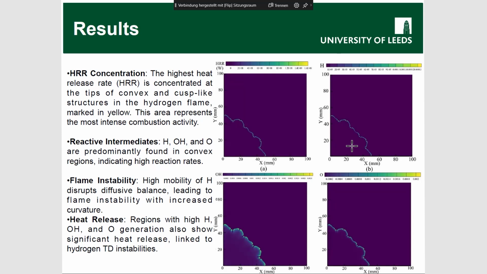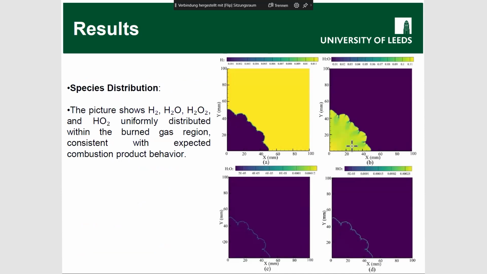So we can also conclude that the high mobility of H species disrupts the diffusion balance, leading to flame instability with increased structure, and also to OH and O generation. We also plot H2O, H2O2 and HO2. They are uniformly distributed within the burned gas region, so nothing new here.